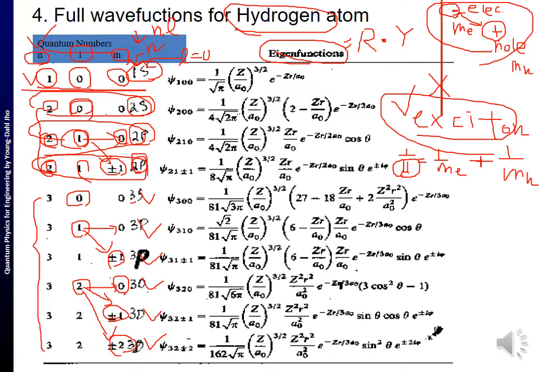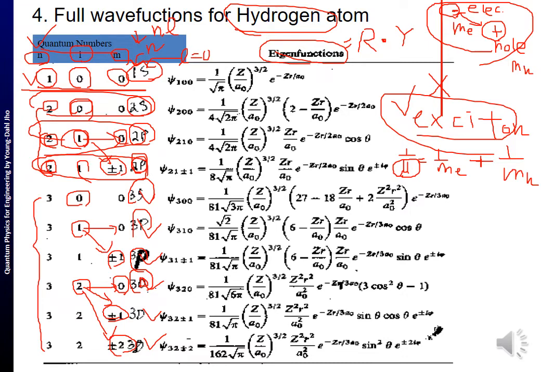Likewise, 3s, 3p, and then 3d. When l is 2, we call it a d state. So you need to remember this, because it's often found in research papers.